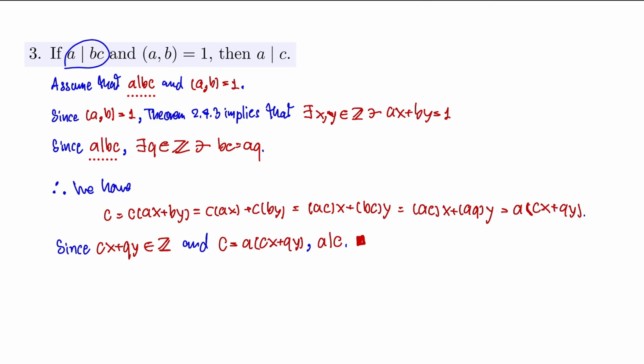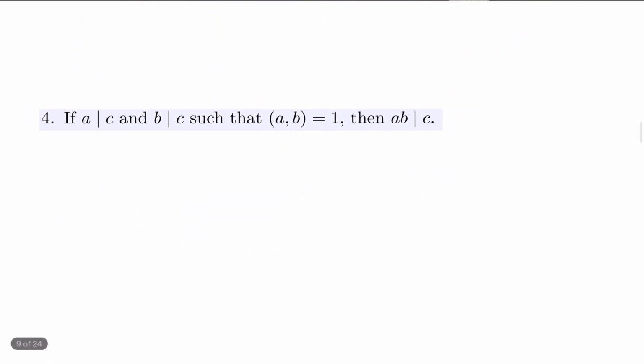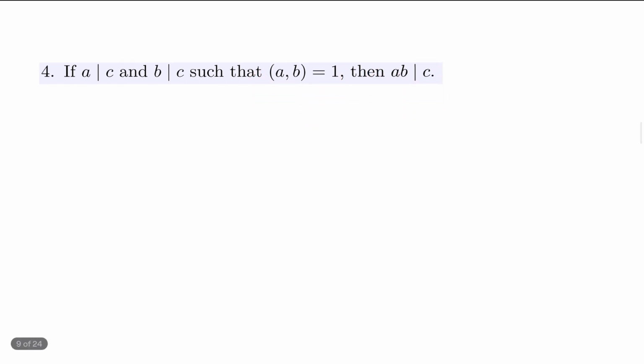Now, the fourth property. If a divides c and b divides c such that the greatest common divisor of a and b equals 1, then ab divides c.